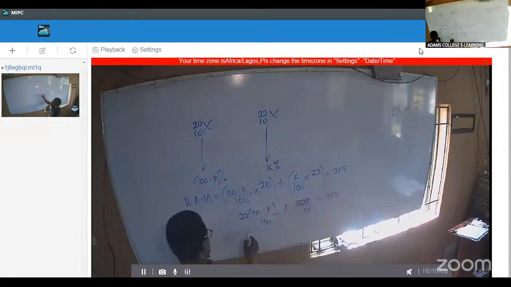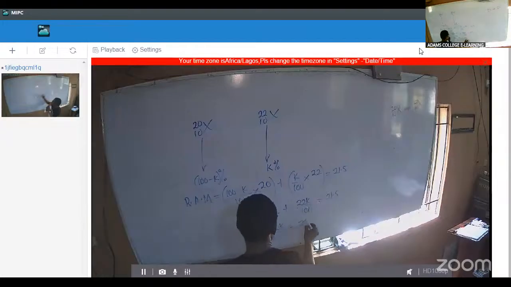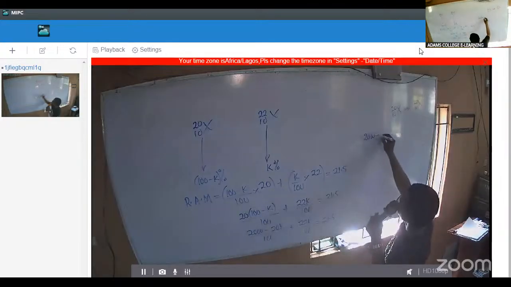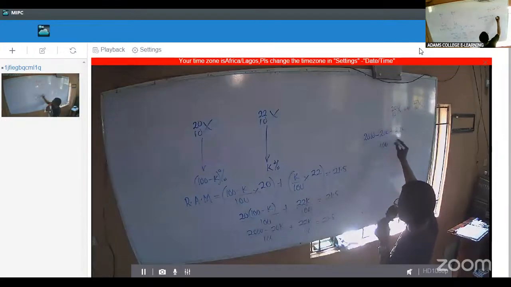I don't want to cut. So that'll be 2000 minus 20K over 100 plus 22K over 100 equals 21.5. You find the LCM, 100.